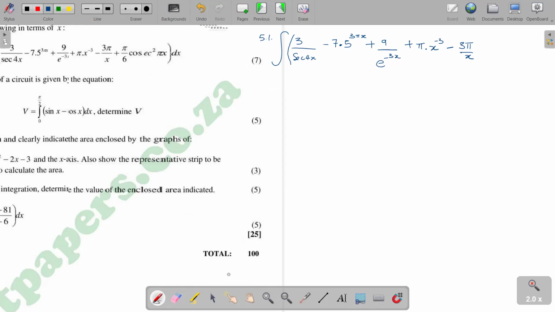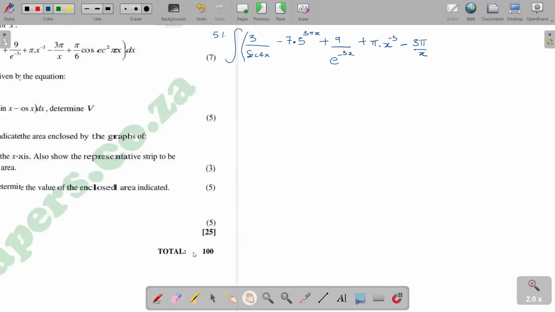Then the sixth one is given as plus pi over 6 cosec squared pi x.